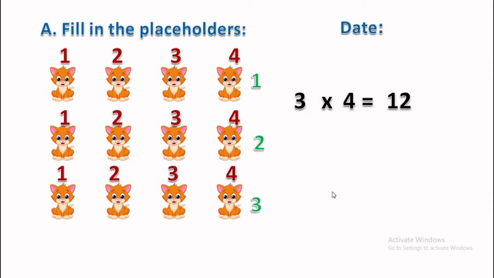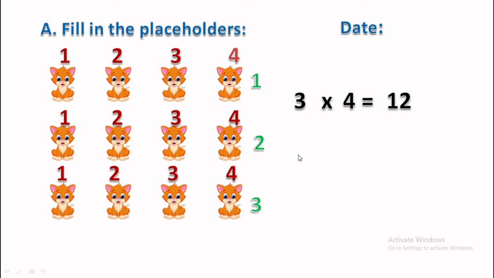Another way is by adding, or addition. So here we have 4 cats. In the second row we have 4 cats. In the third row we have 4 cats. So here we have 3 4s.